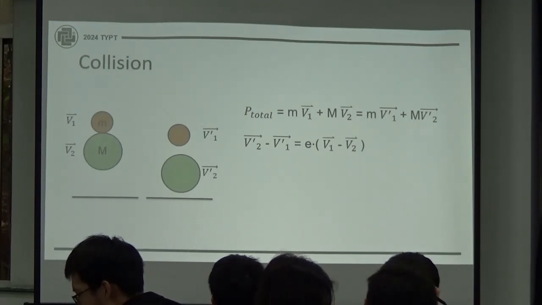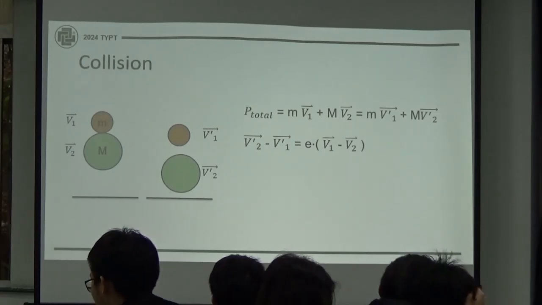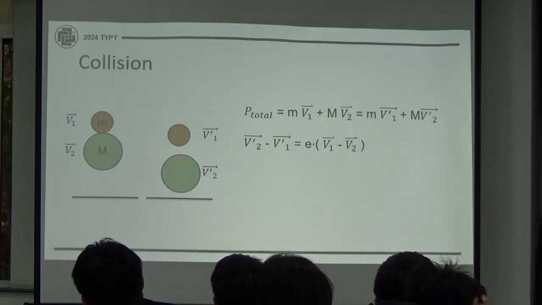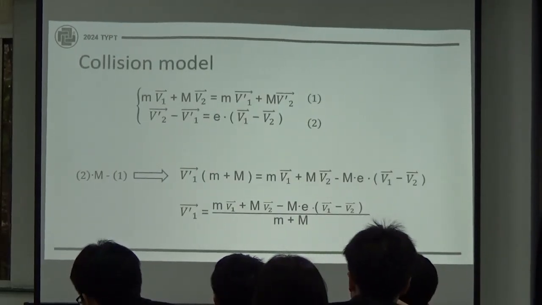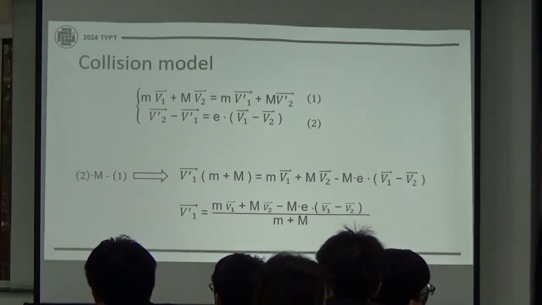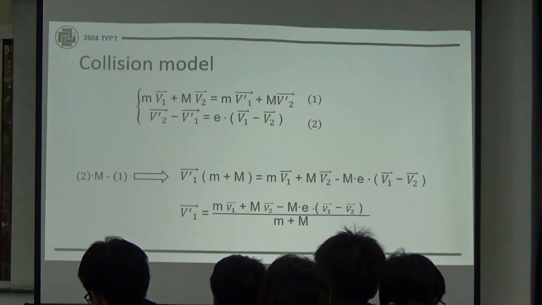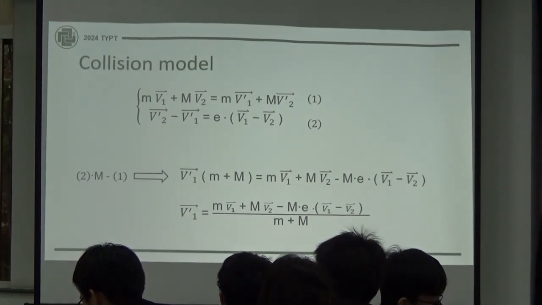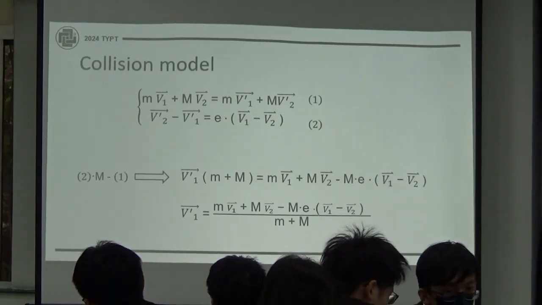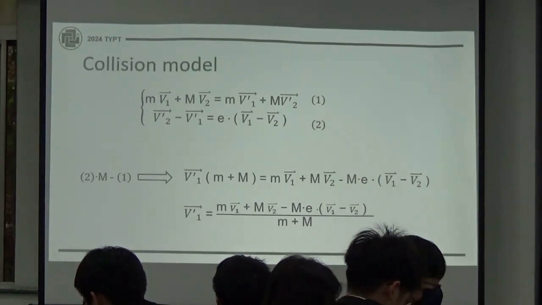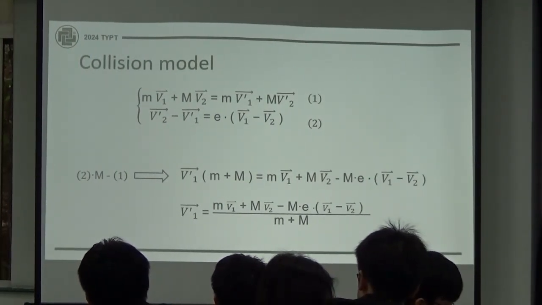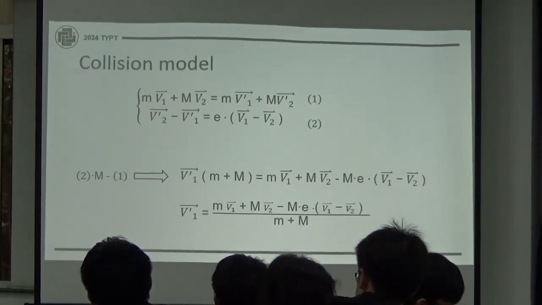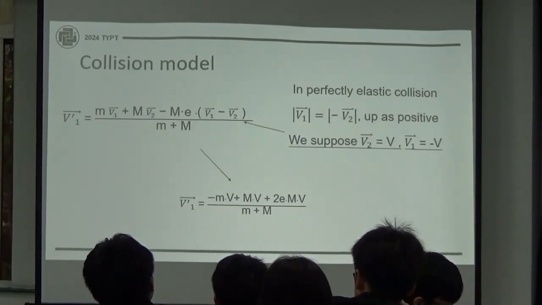And I can write down the second equation and find out useful information. Here I type out these two equations. First we need to remove the V1 to make the equation simpler, and that will become like this.